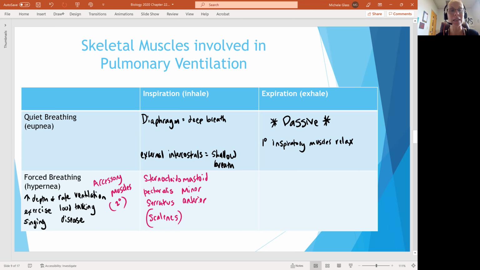When we talk about the forced exhale, the accessory expiratory muscles or secondary expiratory muscles, we're going to see muscles of the abdominal cavity primarily. So we have internal and external obliques. We have the rectus abdominis. We have the internal intercostals.